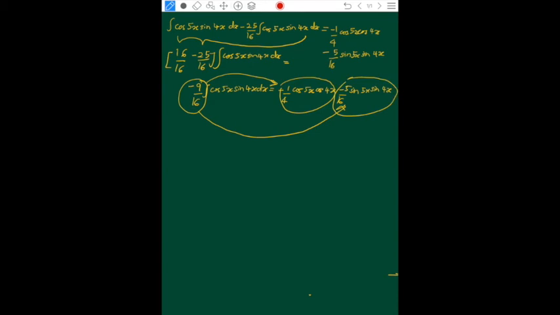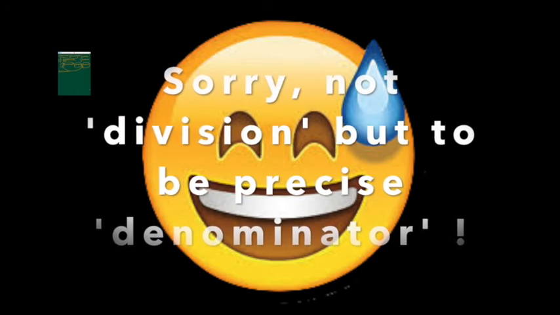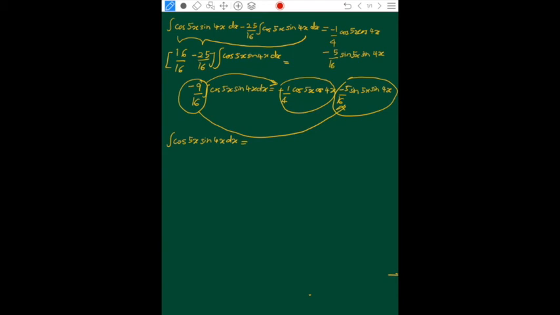So the integral of cos 5x sine 4x dx is equal to, you bring the 16 over here, this is a division, so when you bring it to the other side it becomes multiplication, and you need to bring the negative as well: negative 16/9 times cos 5x cos 4x, and then this one is negative 5/16 times negative 16/9 sine 5x sine 4x.